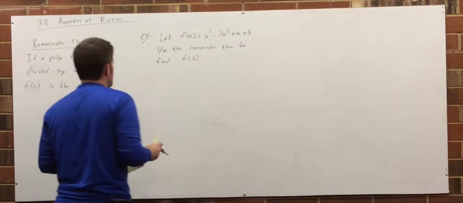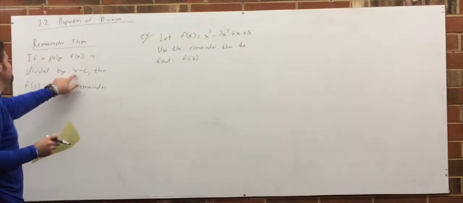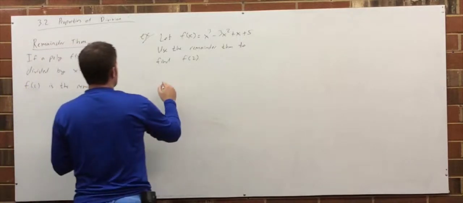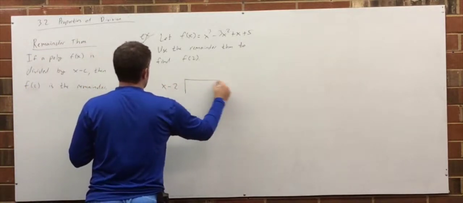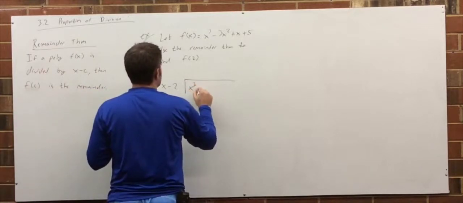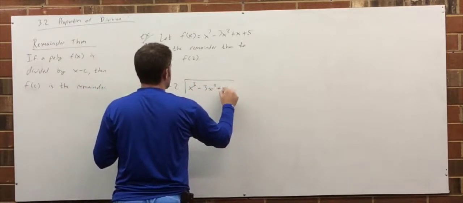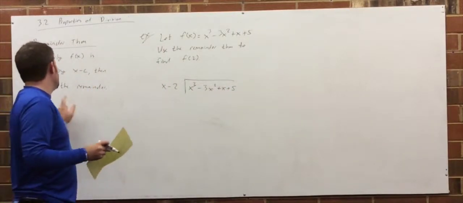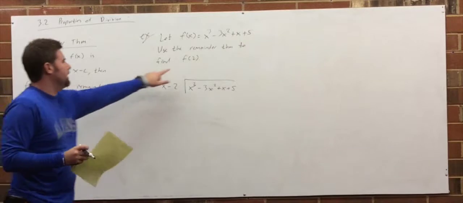Alright? Well, by the remainder theorem, we'll say x minus 2 on the outside, and then on the inside we of course have x cubed minus 3x squared plus x plus 5. Okay? So we're going to use this remainder theorem to find f of 2.